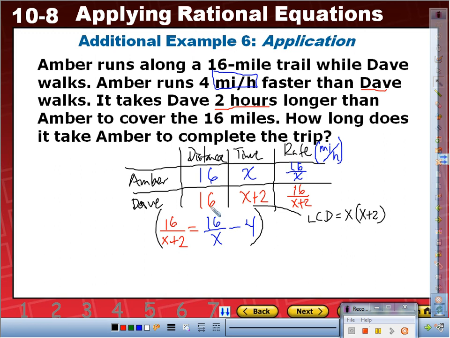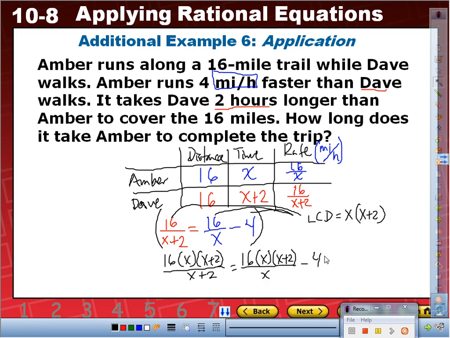We multiply everything across. This becomes 16 times x plus 2 over x plus 2 equals 16 times x plus 2 over x minus 4 times x plus 2.